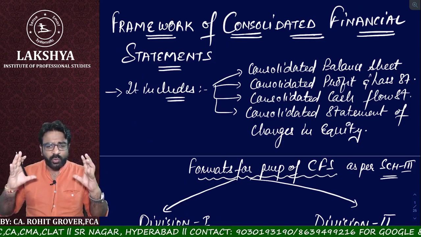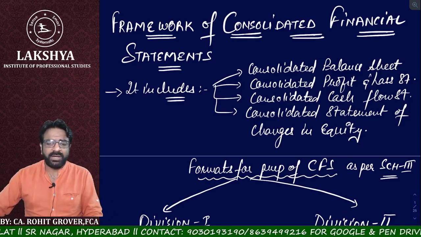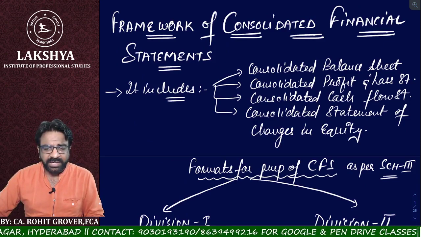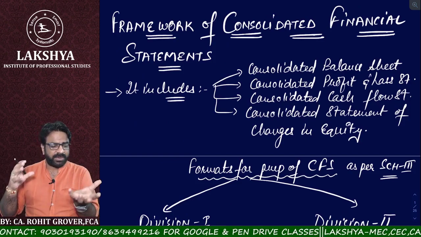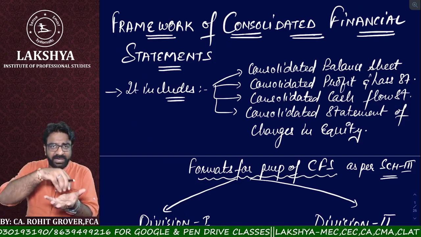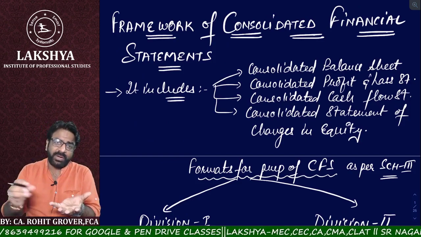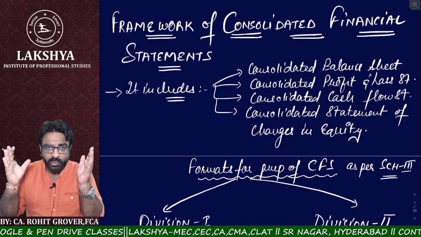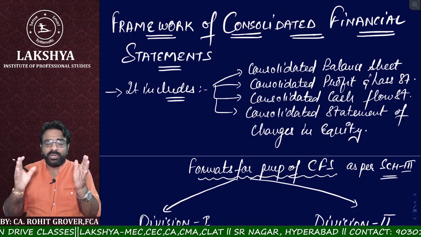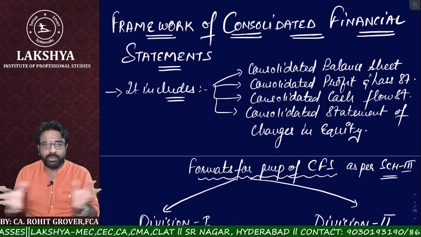When you are an auditor of consolidated financial statements, it means you are the auditor of the parent company, as well as doing an audit of consolidation of the total group.